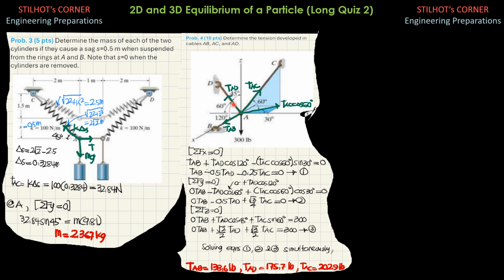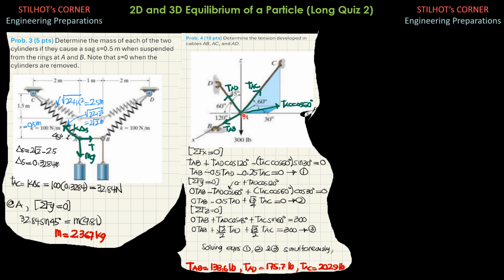Then with respect to the negative y-axis, it is 60 degrees. That's not theta y. Theta y is from the y-axis to that force, so that's 120 degrees because 180 degrees minus 60 is 120 degrees. But you can use 60 degrees provided that you describe its direction.